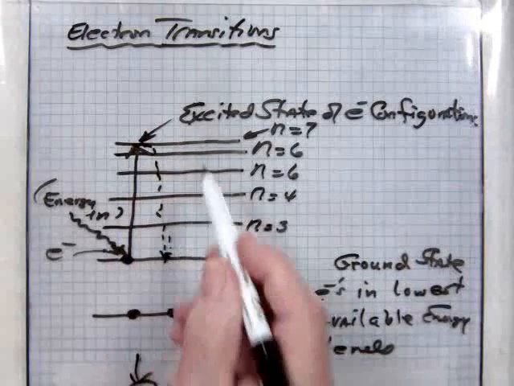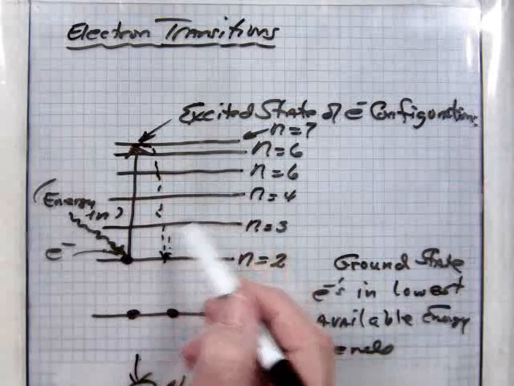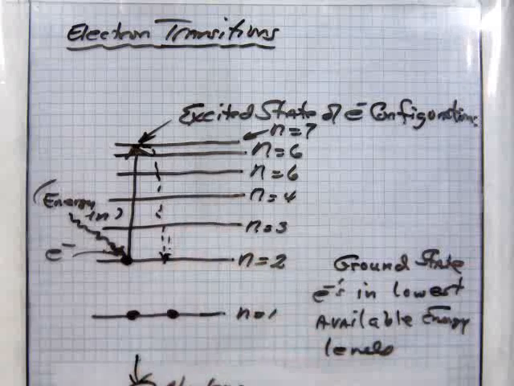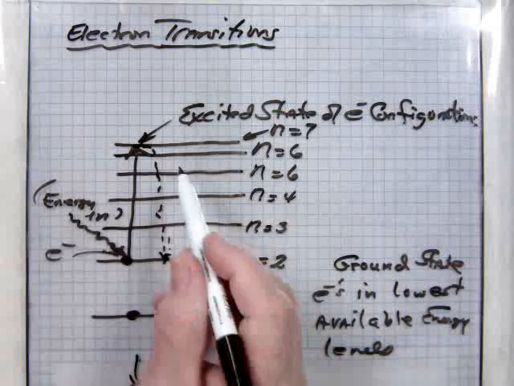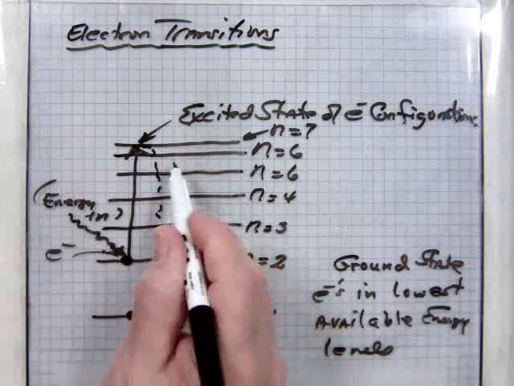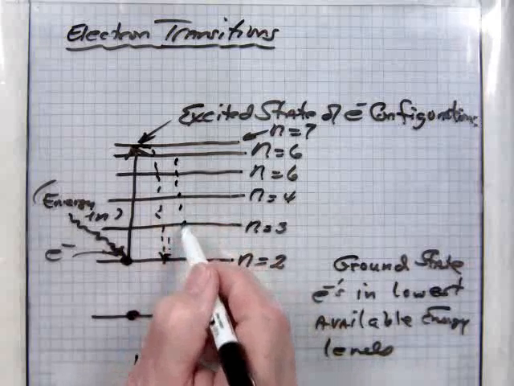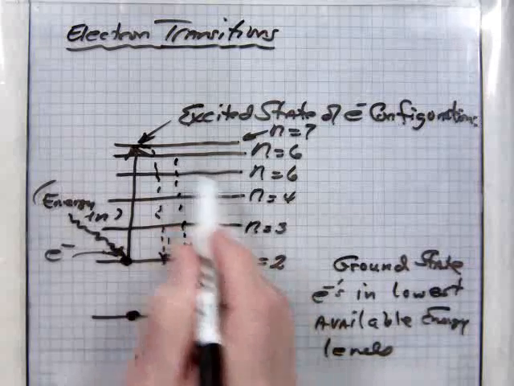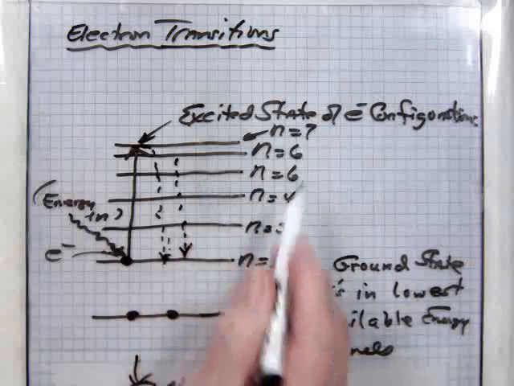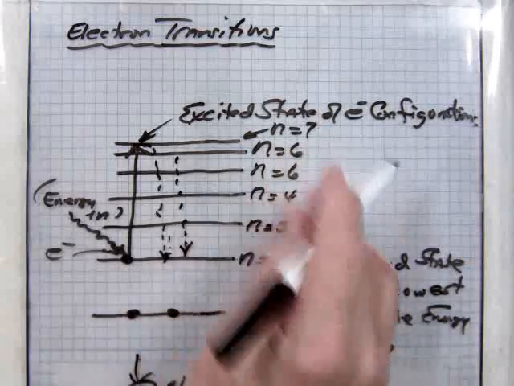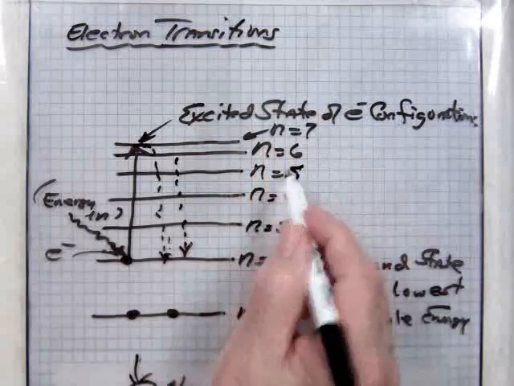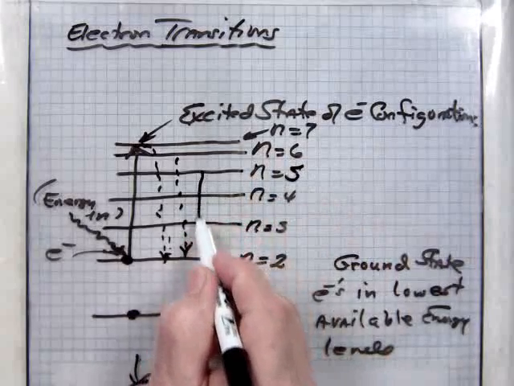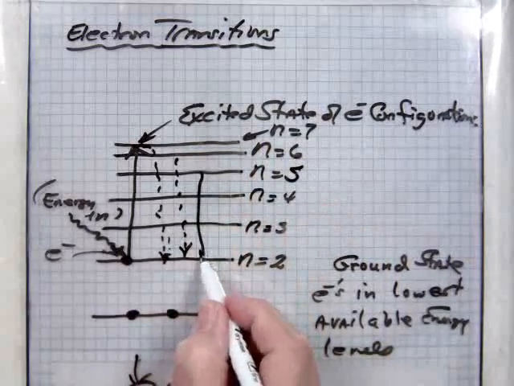Or it goes out to 6 and falls back to 2. Goes out to 5 and drops back to 2.